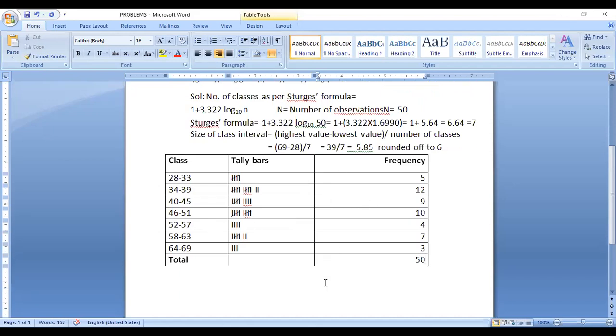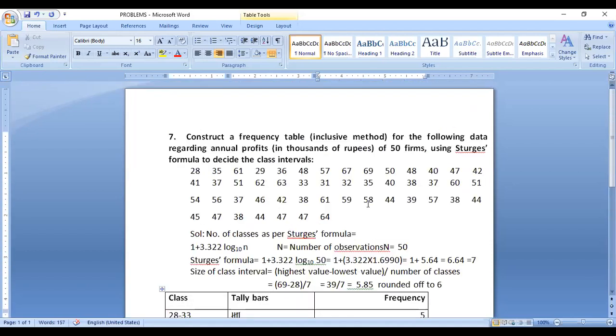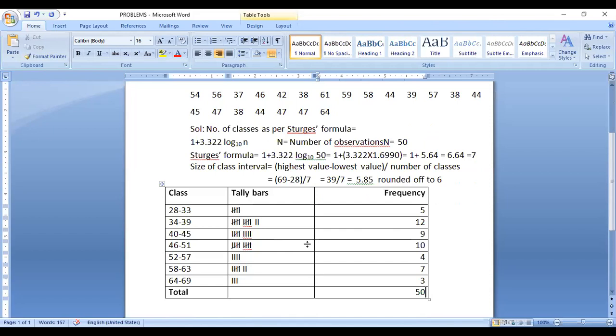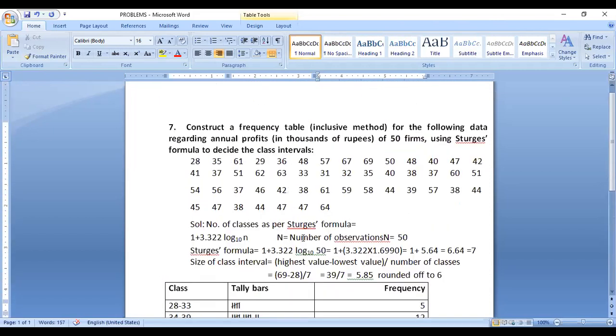With both of them you can construct a frequency distribution table. In this way, the Sturges formula is useful in finding the number of classes and class intervals for a continuous series.